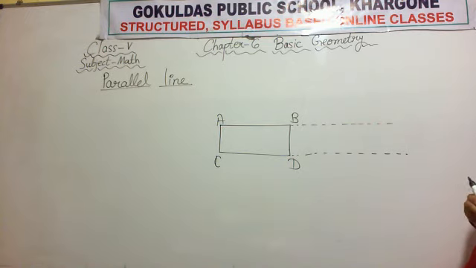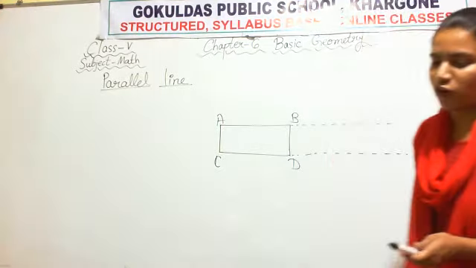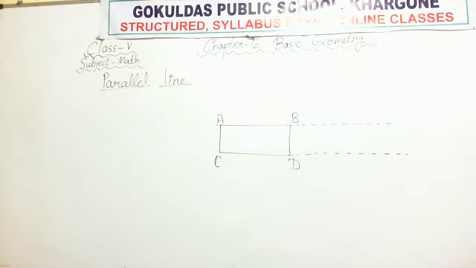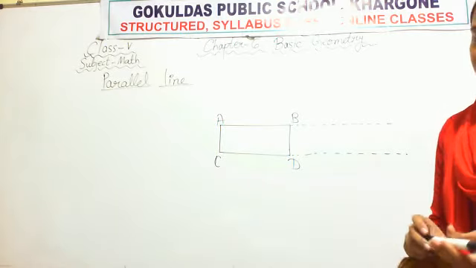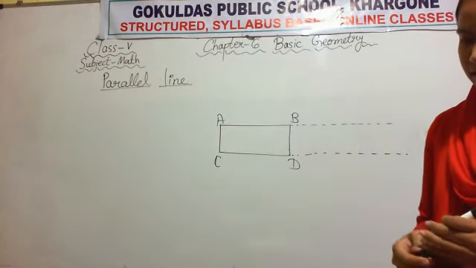Why are they parallel? Because they are not crossing each other at any point, or intersecting each other at any point. So can you give me any live example of parallel lines? Think, what can be an example of parallel lines?